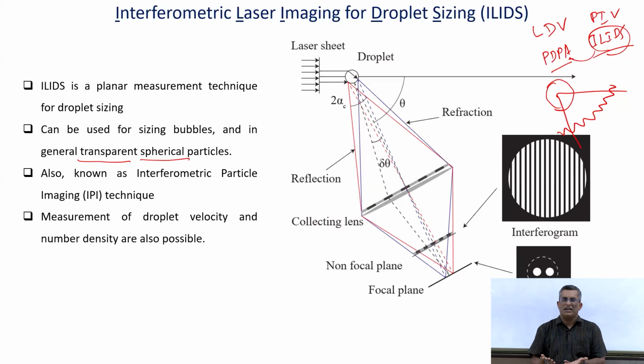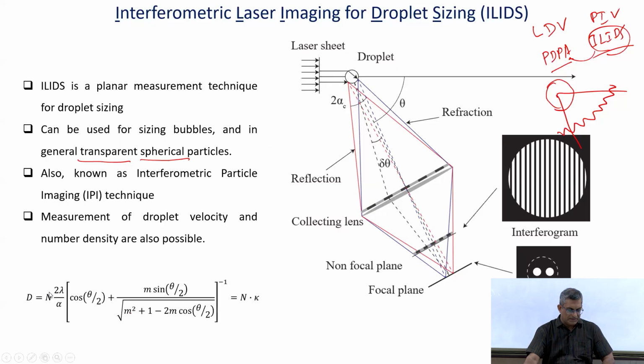And this is the condition for interference. Now, what is interesting here is the number of fringes, where one pair of dark and white band constitutes one fringe. The number of fringes here is proportional to the particle size, and it can be shown using geometric optics. So we can get a relation like this. Here you see that the particle size depends on the wavelength of the light, the scattering angle, the refractive index, as well as the collecting angle.